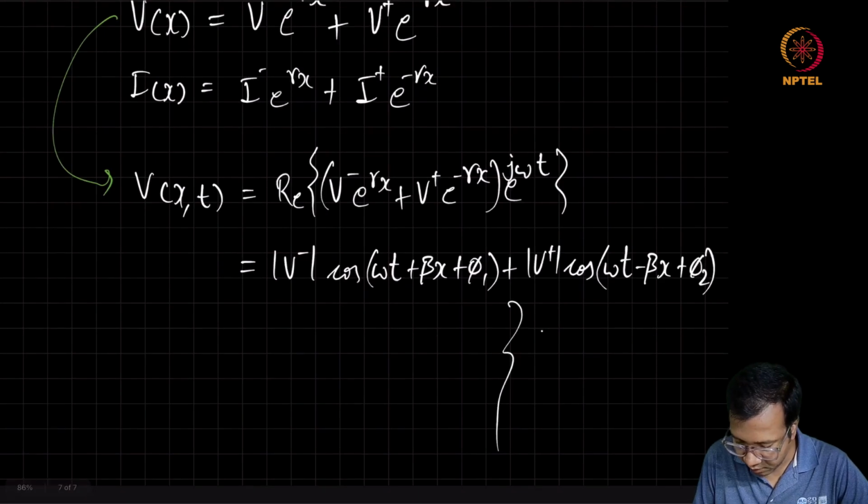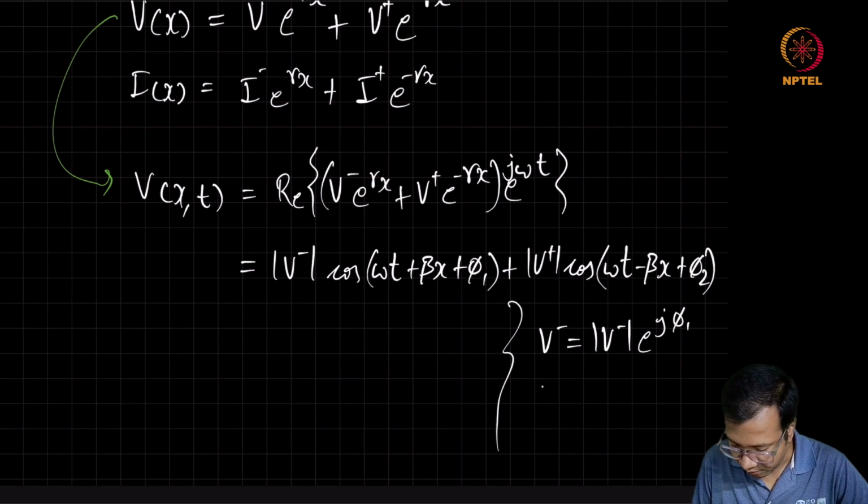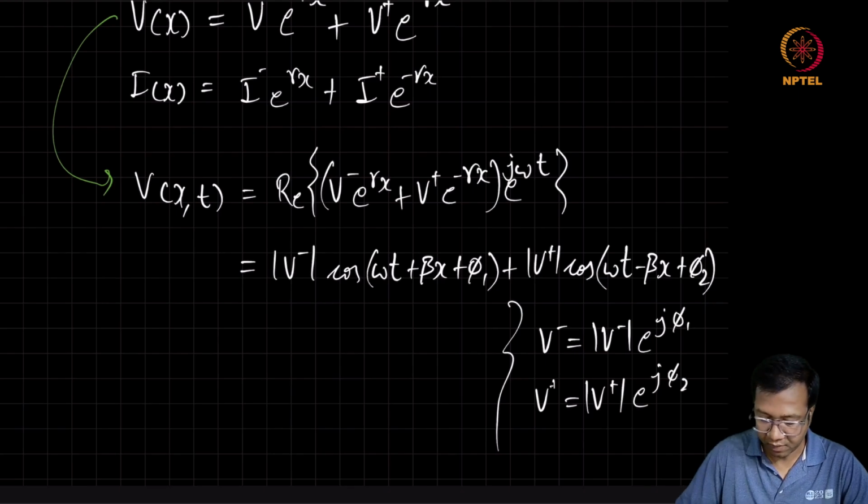So here we have assumed V minus to be V minus magnitude into e power j phi 1. Similarly, V plus also has this expression.